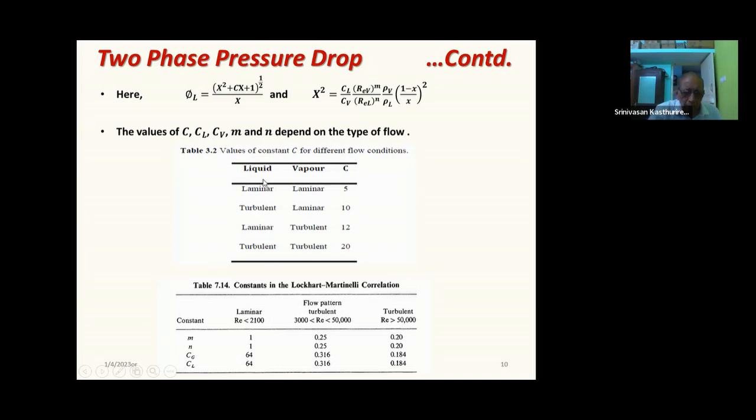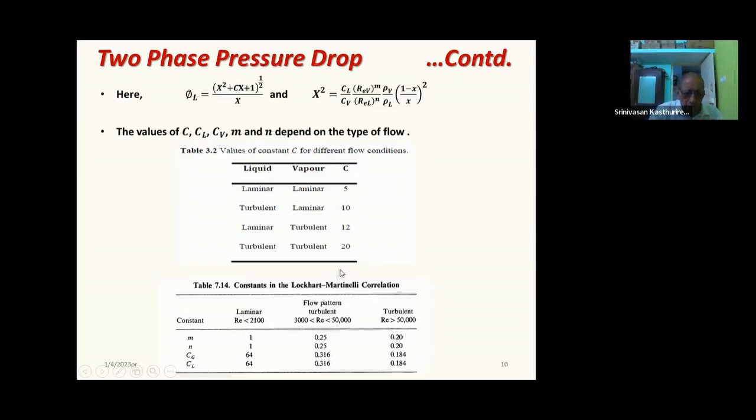Suppose the liquid is in the laminar flow type, and the vapor is also laminar, then the value of C is 5. If liquid is turbulent and vapor is laminar, it is 10. Then liquid is laminar, vapor is turbulent, it is 12, etc. If both are turbulent, it is 20, and so on. So the coefficient C can be determined using these numbers.